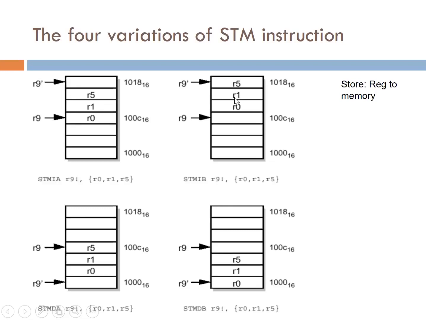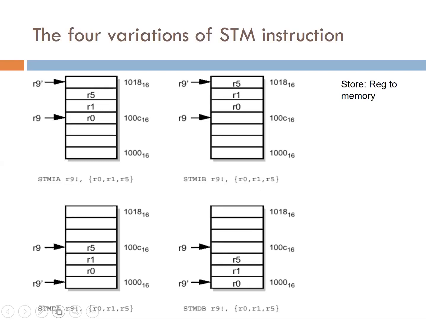Okay, so all these three data have been stored now. You are not incrementing again because that operation has already been performed. So what is the updated R9 address now? As you have an exclamatory mark, R9 will be updated with 1018. Okay, so this is the operation of STMIB, R9 exclamatory mark followed with the register list.